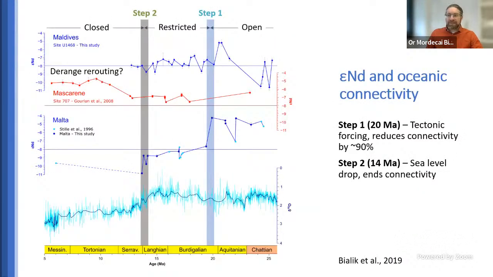So we can delineate all of this into 3 main periods. An open gateway until 20 million years, then a restricted gateway, maybe with ephemeral connections, between 20 and around 13, followed by a closed connection.